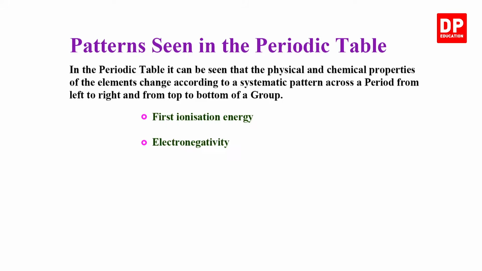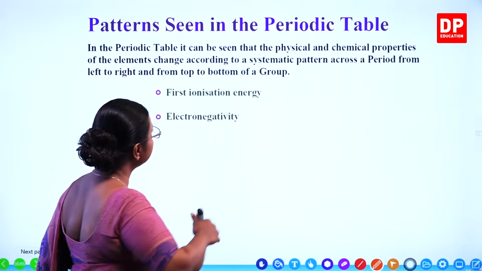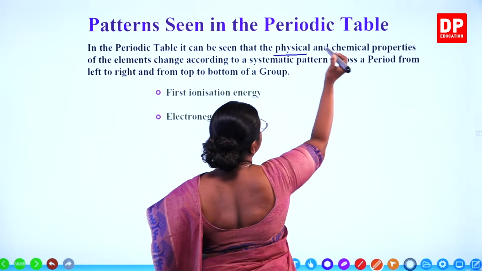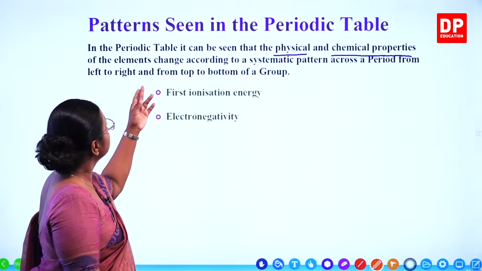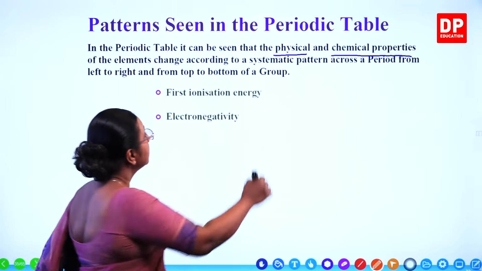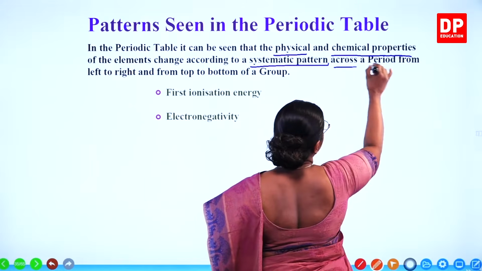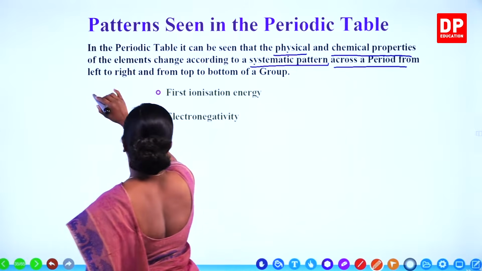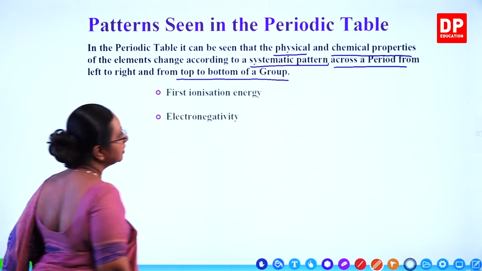Patterns seen in the periodic table. In the periodic table, it can be seen that the physical and chemical properties of the elements change according to a systematic pattern across a period from left to right and from top to bottom of a group.